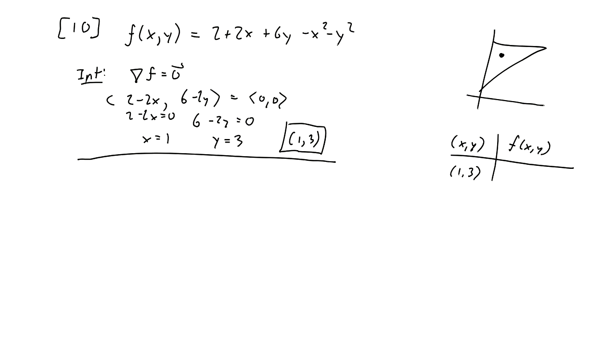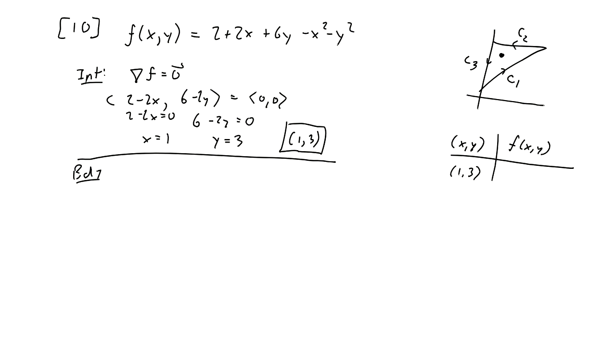Next, we start looking at the boundaries, and there are 3. Let's call them C1, C2, and C3. C1 is the slanted line, which is y equals x. C2 is the horizontal line, y equals 4.